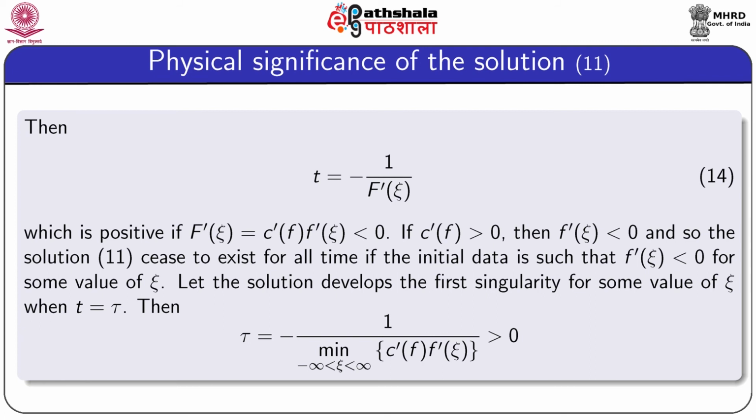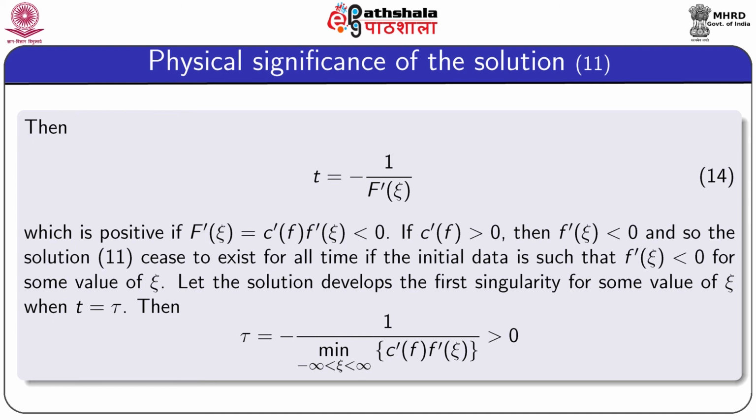Again, f dash xi is equal to c dash f into small f dash xi, so this must be negative. So, if we assume that c dash f is greater than 0, then small f dash xi must be less than 0. Therefore, the solution of the nonlinear one dimensional first order wave equation will cease to exist for all time if the initial data is such that f dash xi is less than 0 for some value of xi.